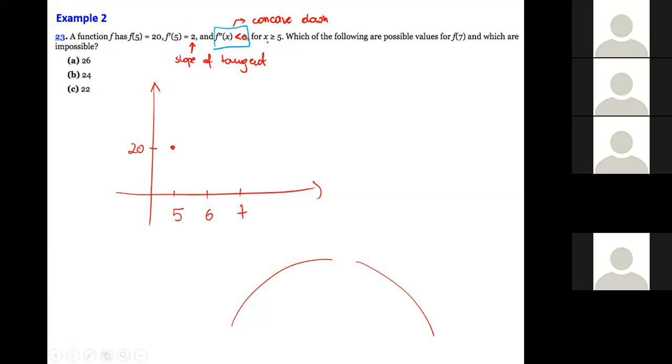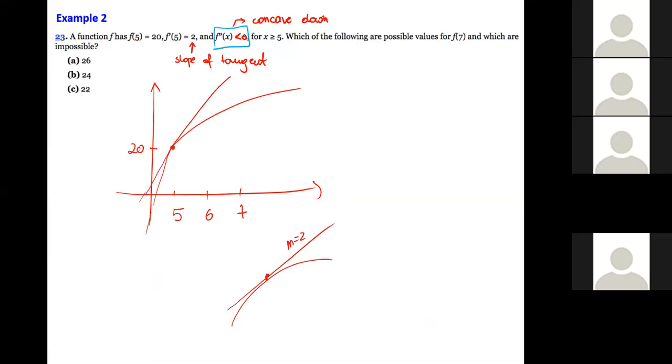Since it's positive, I will draw above the curve, and this is positive. That means I can't have a decreasing function, because then the slope would be negative. I think the function looks like that, maybe like that. And this is the slope, which is 2.